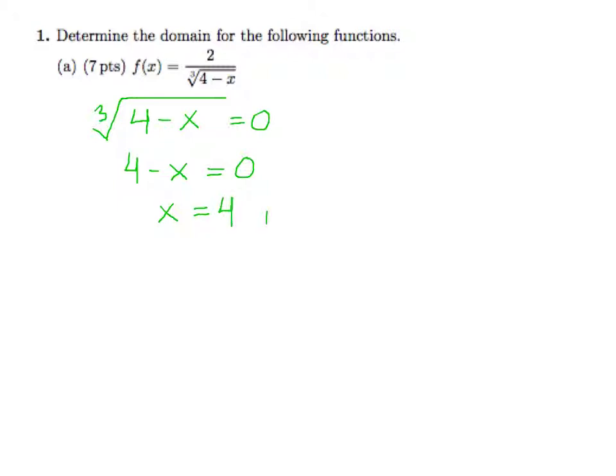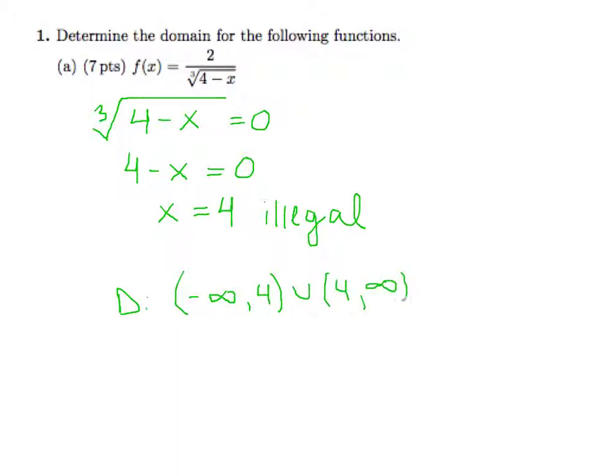So this is our illegal value. And it asks for the domain, so we're going to write the domain as everything but that x equals 4. So it's going to be an open parenthesis where negative infinity to 4 and 4 to infinity. And these are all open brackets because our domain x cannot equal 4.